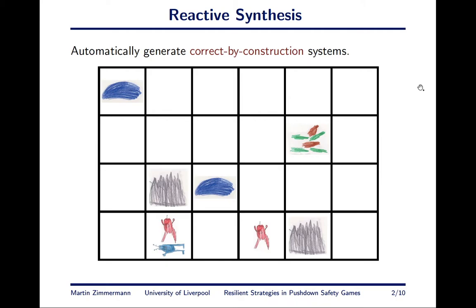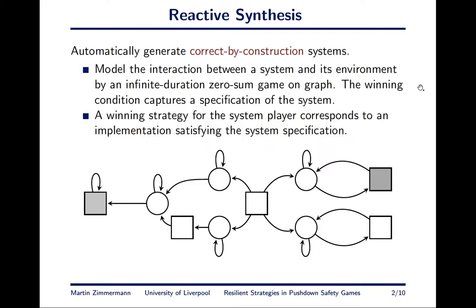The way to model such a synthesis problem is to encode the interaction between these two agents, so the two red robots as antagonists and the blue robot as system, in a graph. So we have a graph here. Notice we have two types of vertices.